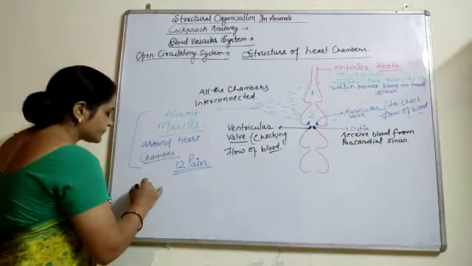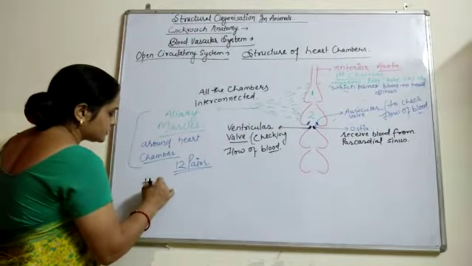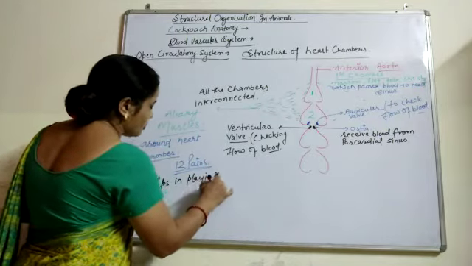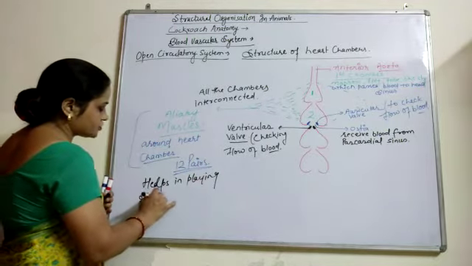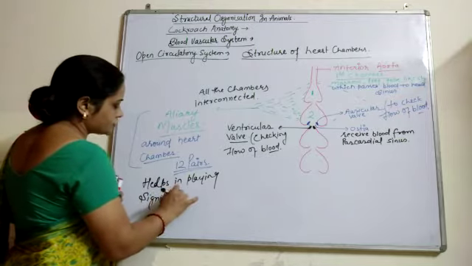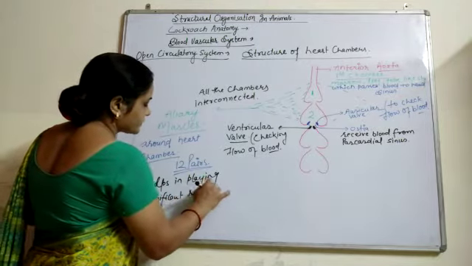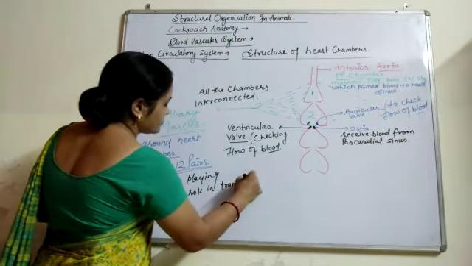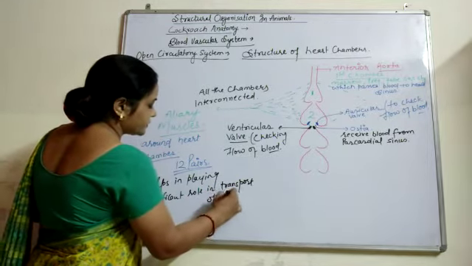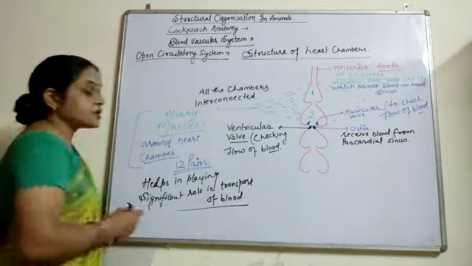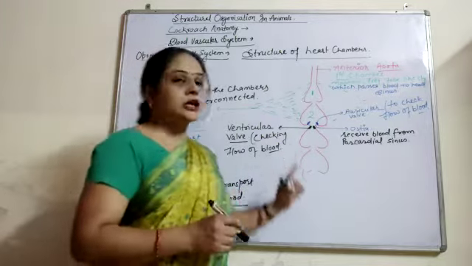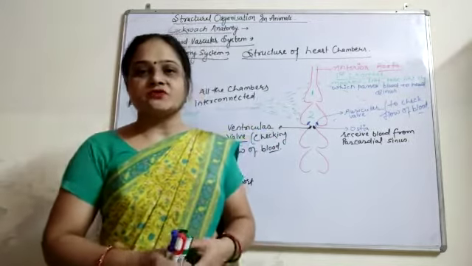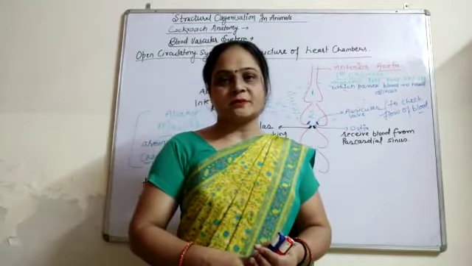They play a significant role in the transport of blood. So this is all about the circulatory system of the cockroach. Now in the next video we will study the respiratory system.